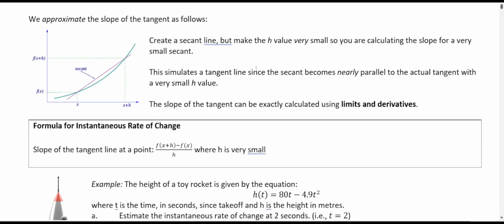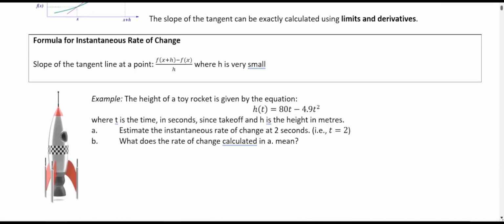This simulates a tangent line, since the secant becomes nearly parallel to the actual tangent with a very small h value. So again, we're going to pick a point here and then add a very small value of h to that point and make a secant that is approximately a tangent.